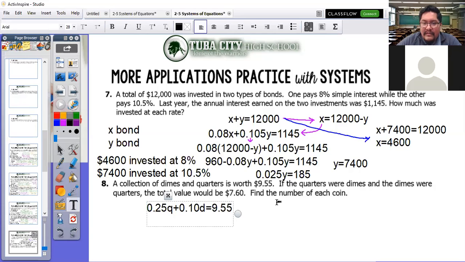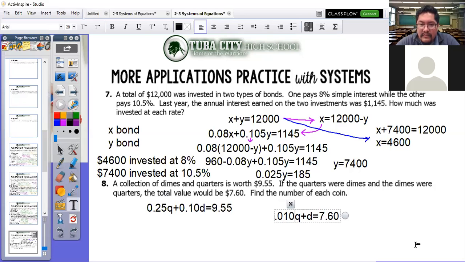So I'm going to show you what I'm going to do here. I'm going to end up erasing this, so you're going to have to get this down. If I were to get the value switched, we have quarters plus dimes, and this is if they were to switch places. That would mean this would be 0.10.